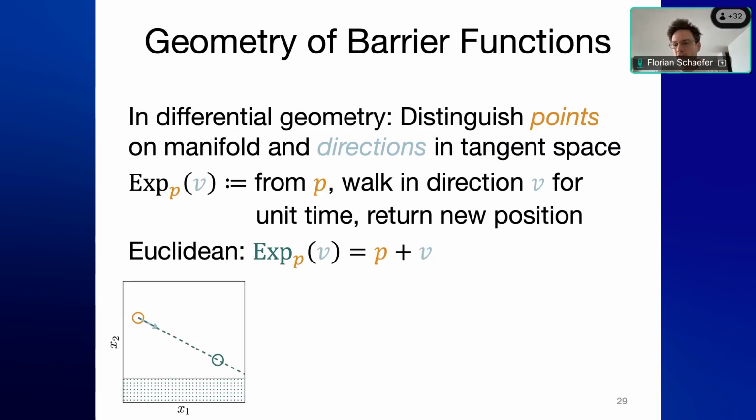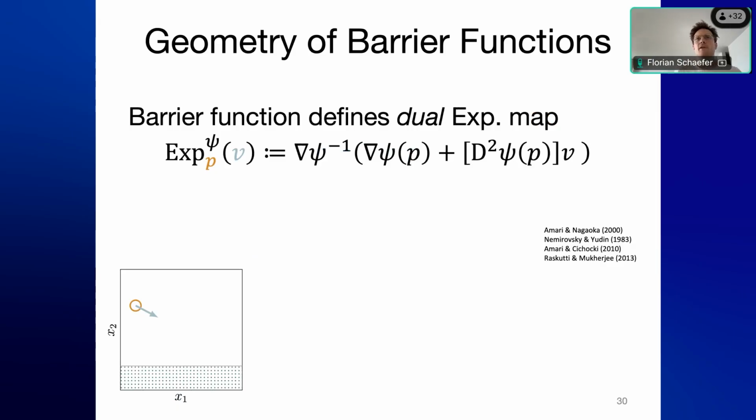And of course, the simplest such exponential map is the Euclidean exponential map, where you treat both as vectors that you add, and that gives you your new position. But now it turns out that these barrier functions define another kind of exponential map, another notion of going straight in a direction, which is called the dual exponential map. And this dual exponential map has the following form here, but I'm going to use pictures to unpack this for you.